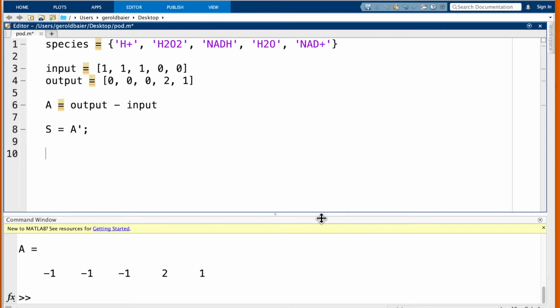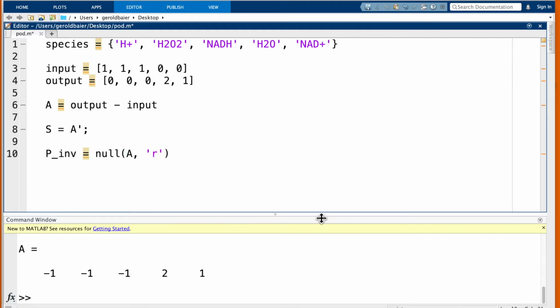Let us now check invariants, and we know, or we can find out, that invariants are obtainable from either the reaction or stoichiometry matrix. So first of all, look at the P invariant, and we'll get this as the null space of the reaction matrix, using the argument 'r' for rational output.